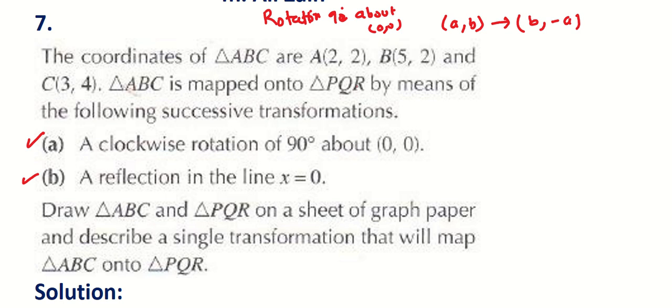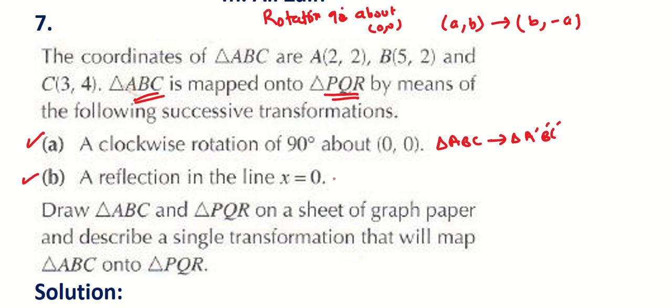Now, the triangle whose coordinates are ABC is mapped on the triangle PQR after successive transformations. When we operate a clockwise rotation of 90 degree about origin, triangle ABC becomes A dash, B dash, and C dash.